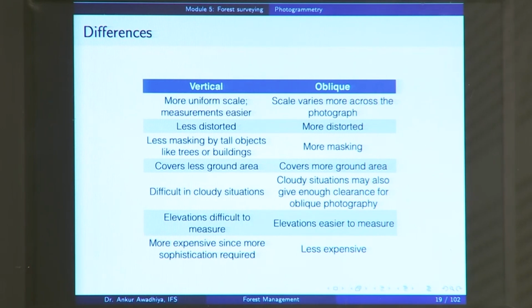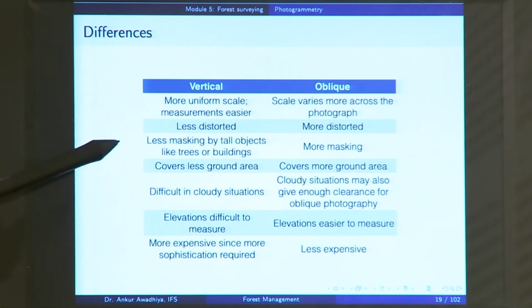You can make use of these images for interpretation purposes, but if you want to take measurements, then it becomes difficult. There is more computation that needs to be done to measure things on an oblique photograph. The vertical photograph is less distorted, the oblique photograph is more distorted.